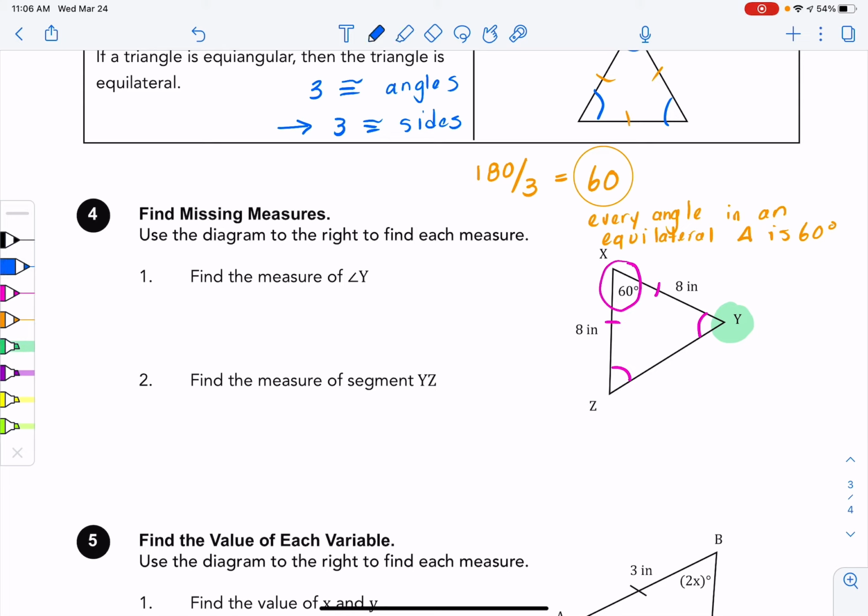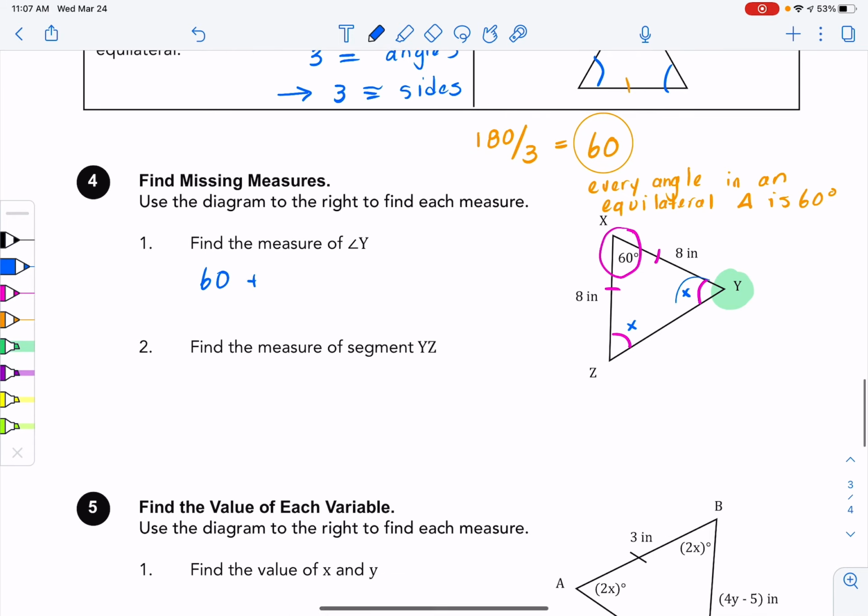math to finding that. The angle measures of a triangle sum to 180 degrees. I know that my two base angles are exactly the same, so I'm going to label them with X. If we did 60 degrees plus 2x, and set this equal to 180, we could solve and we could say that 2x is equal to 120, divide both sides by 2, and x is equal to 60.